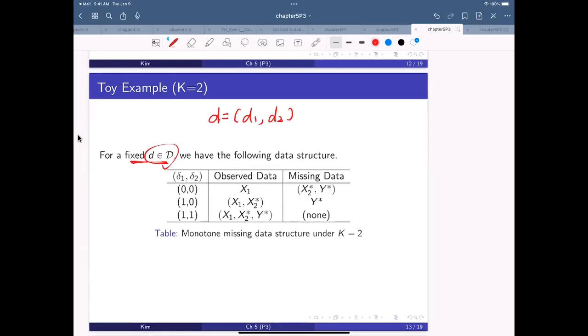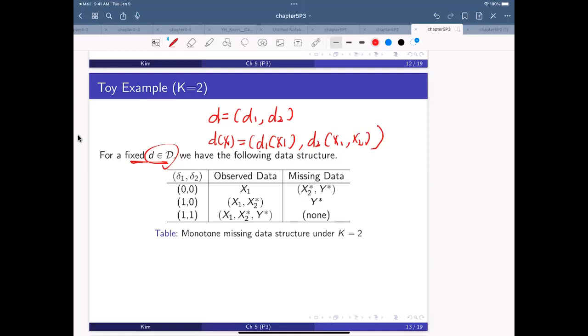So this is basically, you can say, dx is d1 x1, d2 x2. But I observe A, so I don't observe.